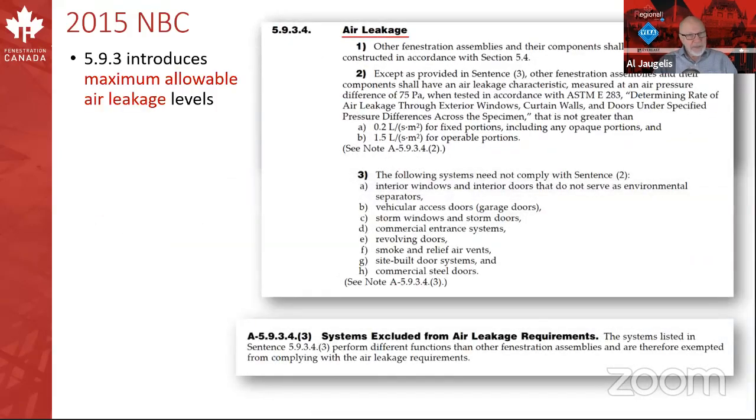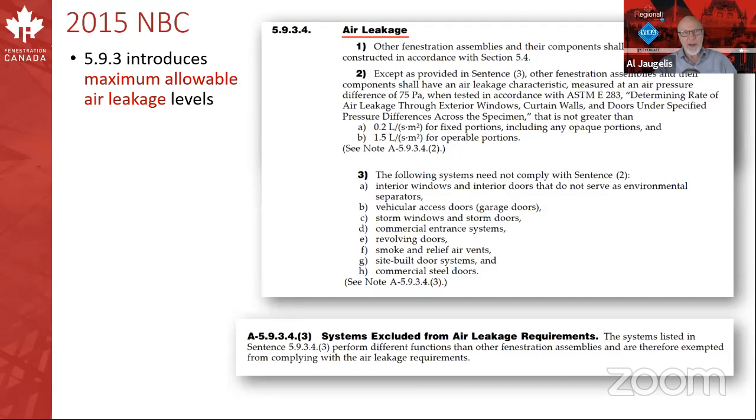There are some interesting things here regarding air leakage. Up until now, the code did not specifically give you air leakage targets except in the NAFS standard. So with these fenestration products that are tested to other test methods than NAFS, these other test methods, such as ASTM standards that we use for testing, don't have any defined performance criteria.